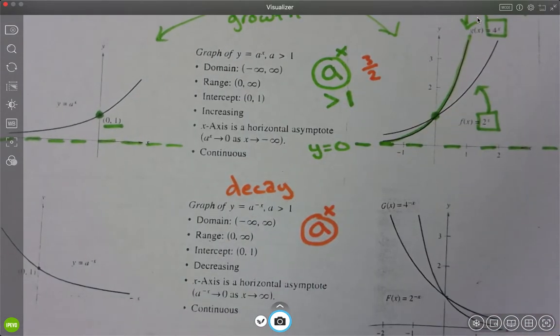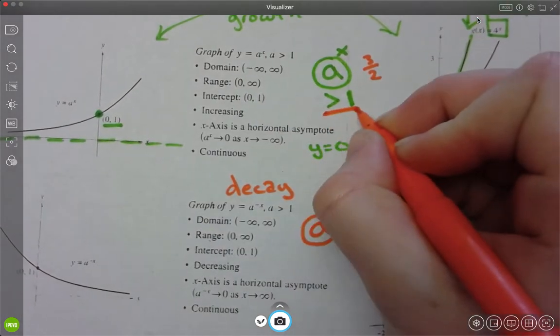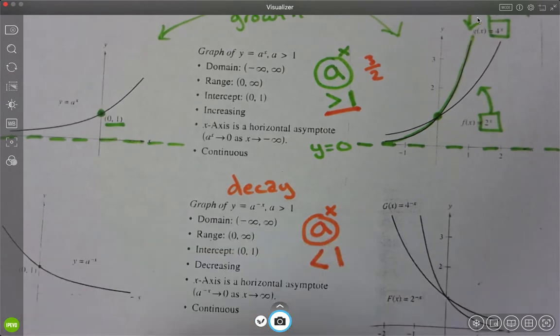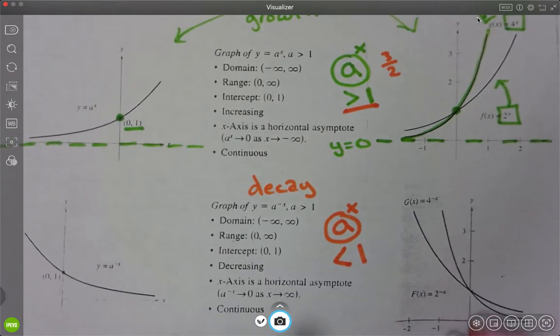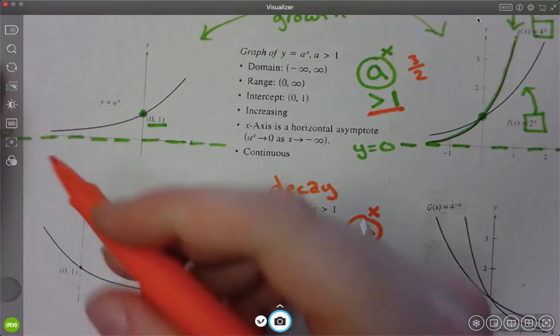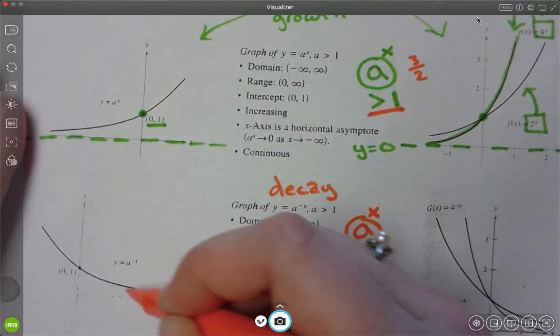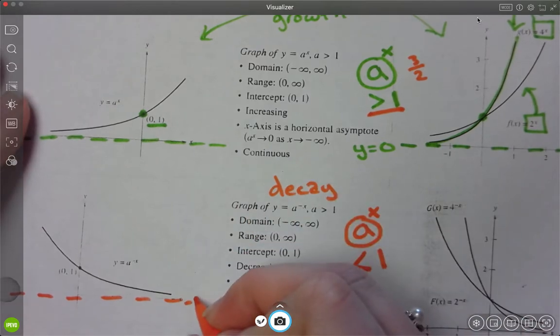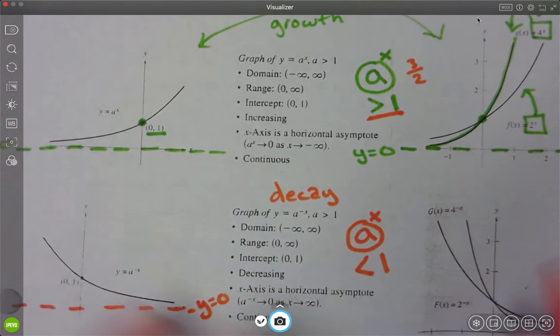So be careful: it's not just fractions, it's numbers that are specifically bigger than 1 and numbers that are specifically less than 1, like 1/2 or 1/3. That's going to be a decay function, where it starts up here and decreases over time.